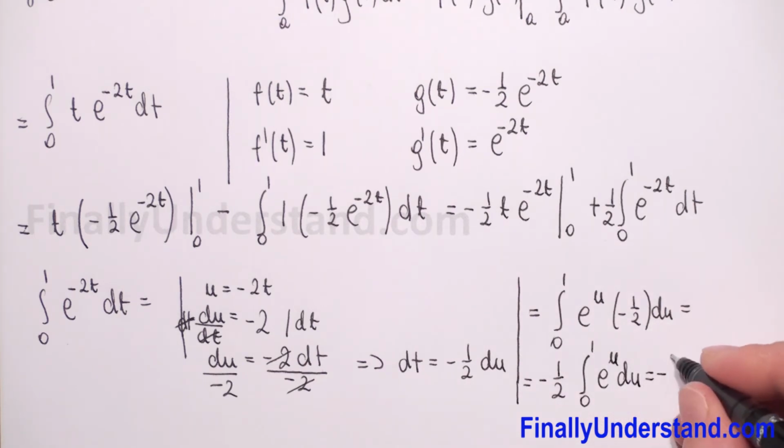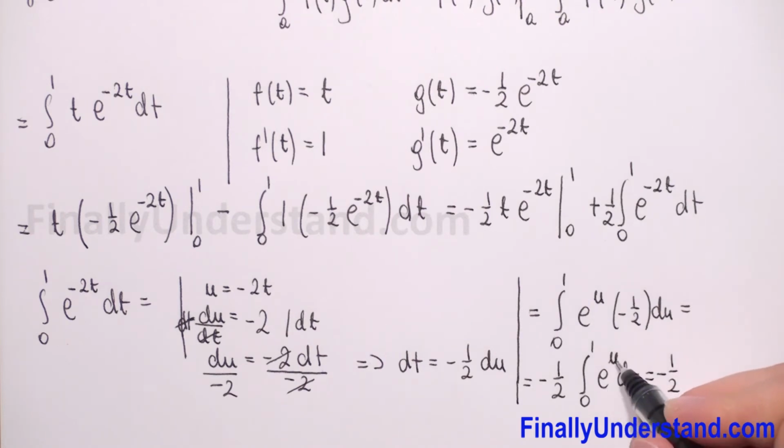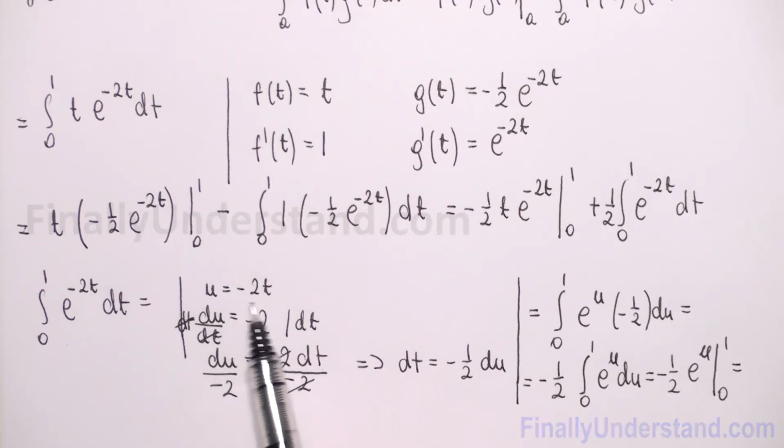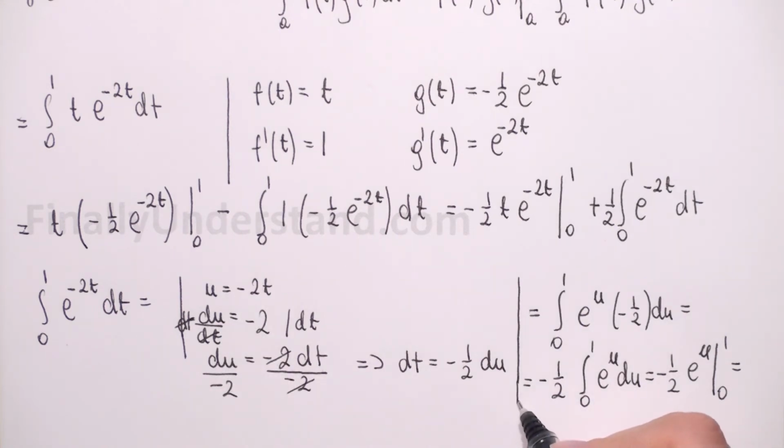This is equal to negative 1/2, we copy, and the integral of e to power u is e to power u, with limits from 0 to 1. Because I didn't change limits when I used substitution, I have to come back to t's. So this is equal to negative 1/2 e to power negative 2t, with limits from 0 to 1, of course.